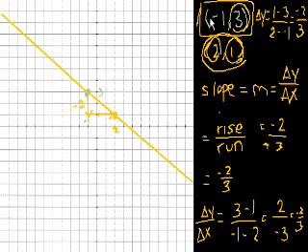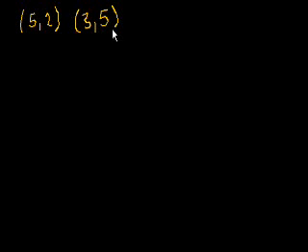Let's do some more problems. And actually, I'm going to do a couple just so you see the algebra without even graphing it first. So let's say I wanted to figure out the slope between the points 5, 2 and 3, 5. Well, let's take this as our starting point.